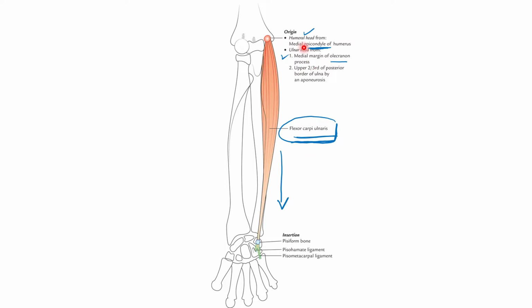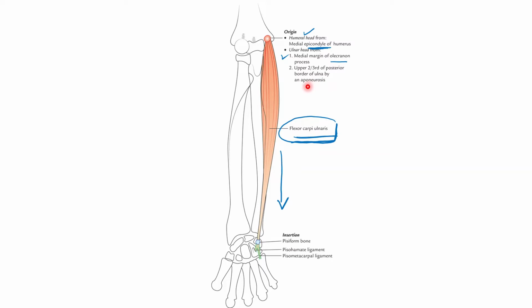The humeral head takes origin from the common flexor origin, that is the medial epicondyle of the humerus, whereas the ulnar head takes its origin from the medial margin of the olecranon process of the ulna, and also from the upper two-third of the posterior border of the ulna through the common aponeurosis. Yes, there is a common aponeurosis which is attached over the posterior border of the ulna.